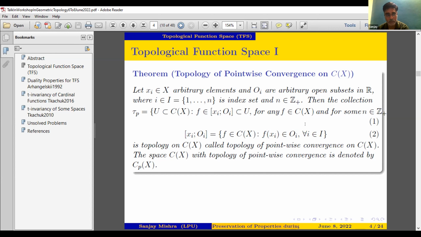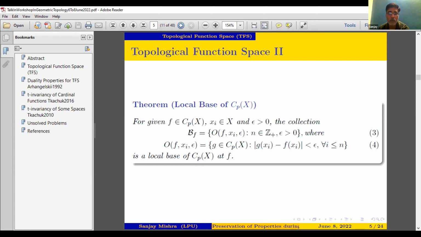Now the local base of this topology of pointwise convergence is defined here. For a given f belonging to C_p(X), x_i belonging to X, and epsilon any positive number, the collection B(f) is made by the sets O(f, x_i, epsilon), where O(f, x_i, epsilon) is defined by the elements g belonging to C_p(X) which hold this condition: the modulus of g(x_i) minus f(x_i) is less than epsilon.